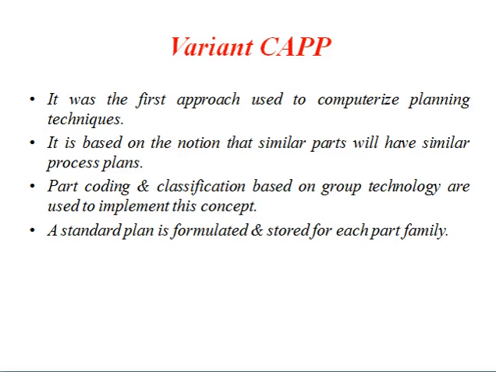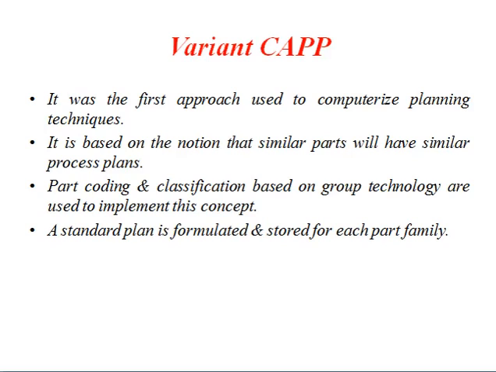Maintaining the part is a very important consideration, and each part should have a proper sequential process plan, maintained with part coding and classification, which is based on group technology.